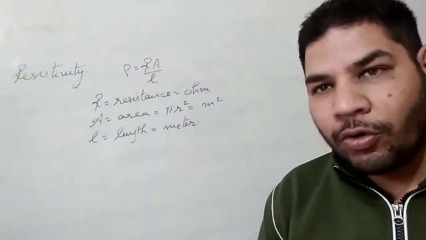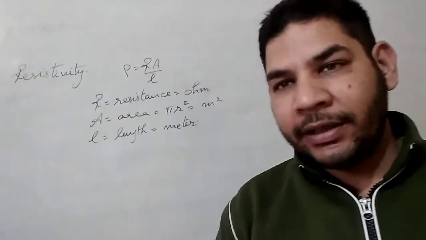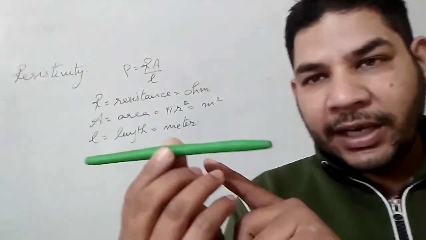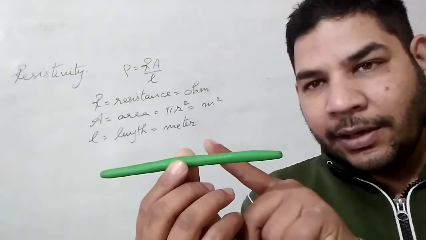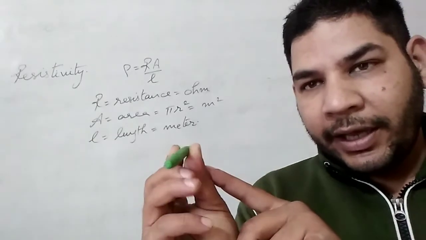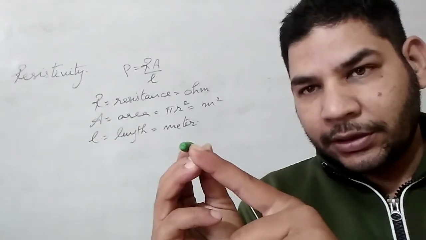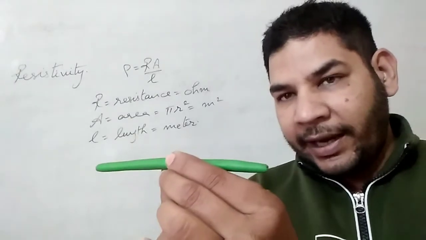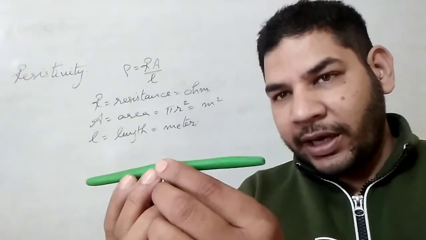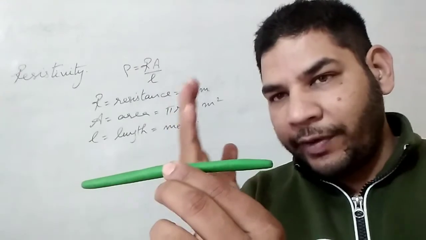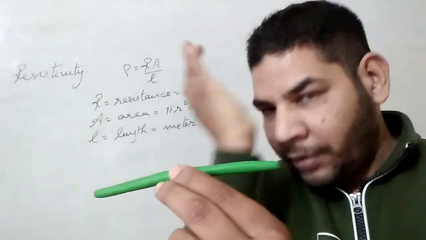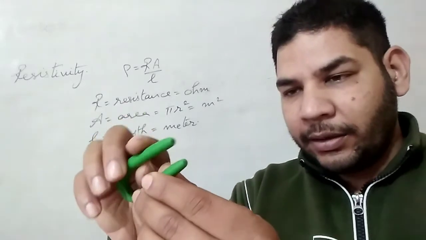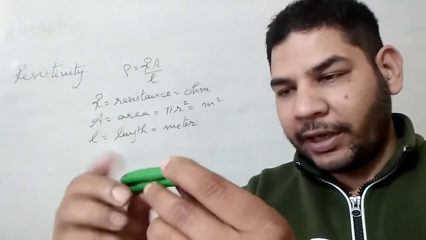Whenever we increase or reduce the area or length, I have taken a clay model. This is a clay model having length L and cross-sectional area A. Whenever I reduce the length, we are not cutting it, we are just making the length half, like this.